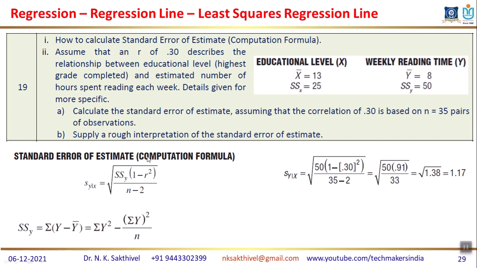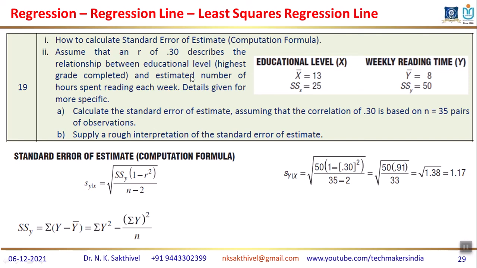With respect to X, it is the square root of SSY, the sum of squares of Y, times 1 minus R squared, divided by n minus 2. You know very well what R is, the correlation coefficient, and here the squared correlation coefficient. The R value is given as 0.3. And n is how many values? The problem will tell you.